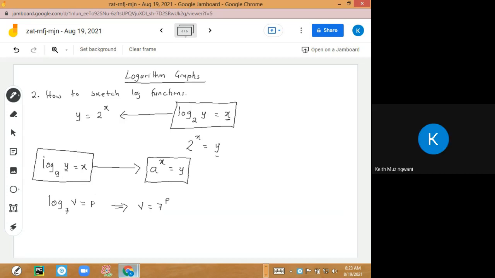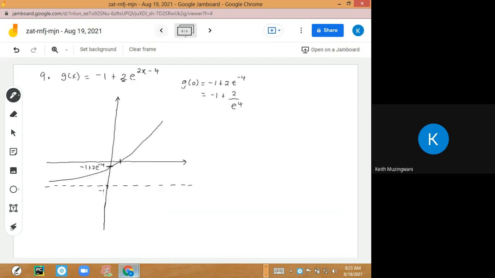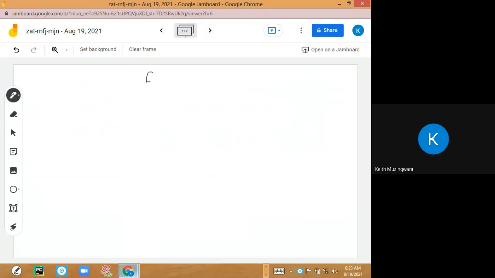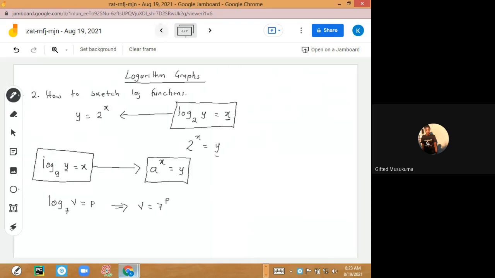Now that we are saying we can move from logs to exponentials, and if we have understood how to sketch exponentials, then our work will be easy as we sketch logarithms. So let's go to the sketches of logarithms now. We'll call them examples. Excuse me, sir. You didn't finish that part where you started for log 2 to the power x is equal to x.